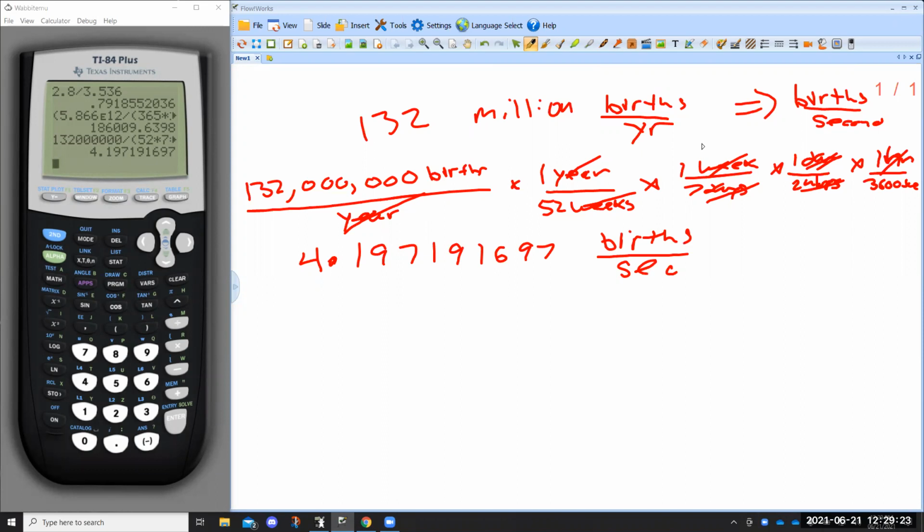And I'm going to go back to sig figs here. Had 3 sig figs, so I should make this 4.20 births per second. That 0 is significant because it is the third significant figure. It means that I took a place value that was to the right of this 9, and rounded that 9 up to a 10, that it was either 0.19 something bigger than 5, or it was 0.20 something smaller than 5.